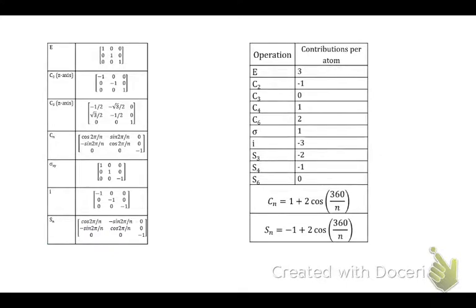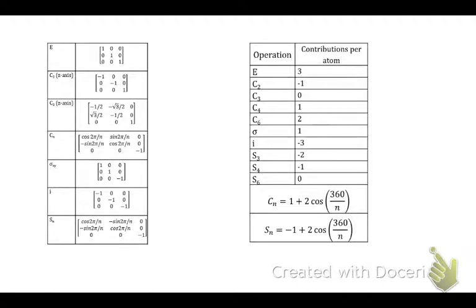So again, we wondered, where does this come from? These contributions per atom come from the transformation matrices. If we think about the identity matrix, we remember that the diagonal elements represent the x, the y, and the z direction. So if you pick up and put back down a molecule, the x, y, and z directions all remain unchanged.